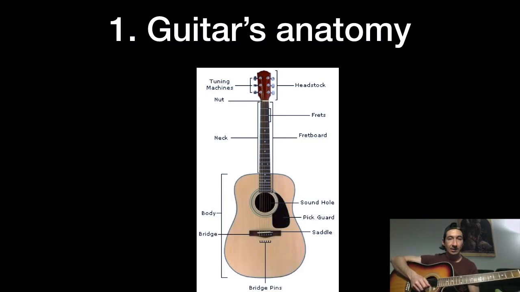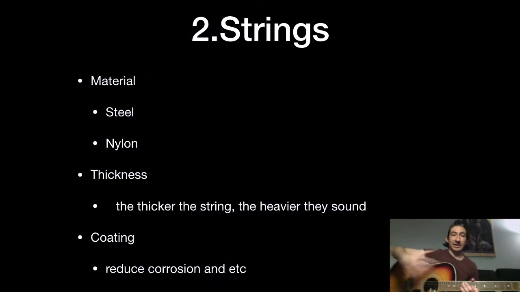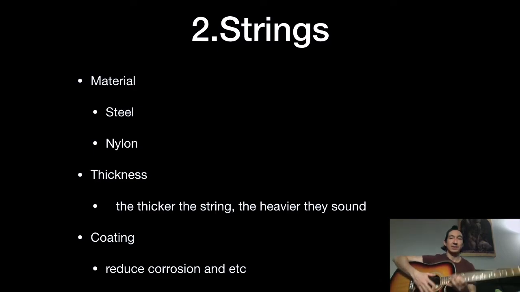There are many kinds of strings. The ones on the guitar I have in my hands are made of steel. There are other guitars, like classic guitars, where the strings are made of nylon. Importantly, the thickness of the strings will give you different features of playing.